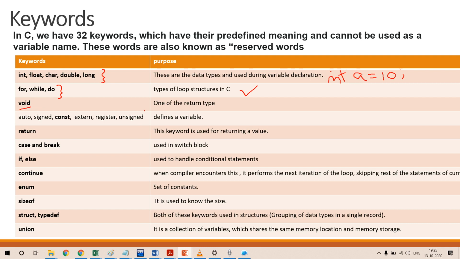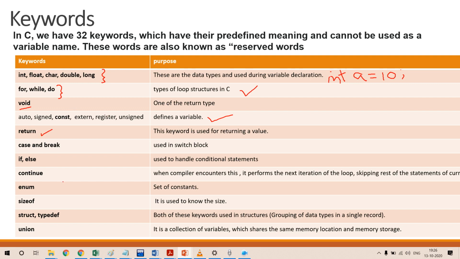Some more keywords that are used to define variables are auto, signed, unsigned, register, extern, const. These are again used for declaring a variable. To return something, I have to use the keyword return.